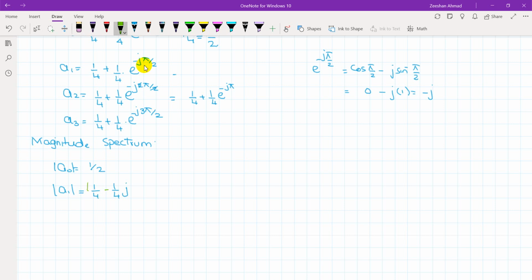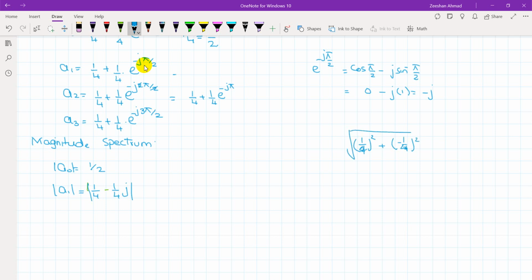Okay, so I can find the magnitude of it. And how am I going to find the magnitude? The magnitude is simple: the real square plus the imaginary part square, whole square root. Real square 1 by 4, plus the imaginary part square.